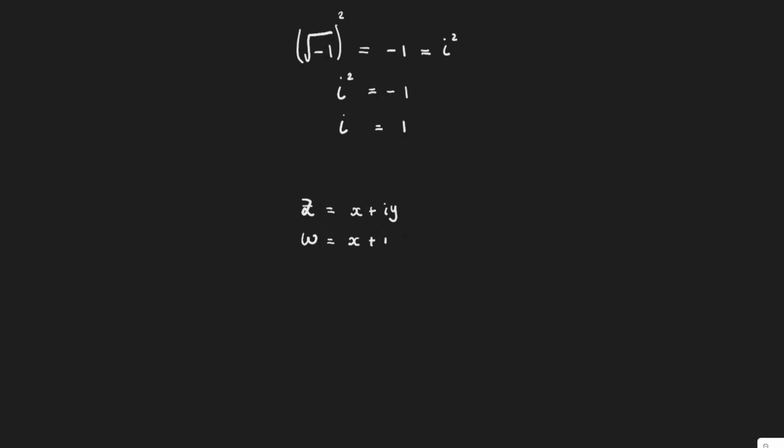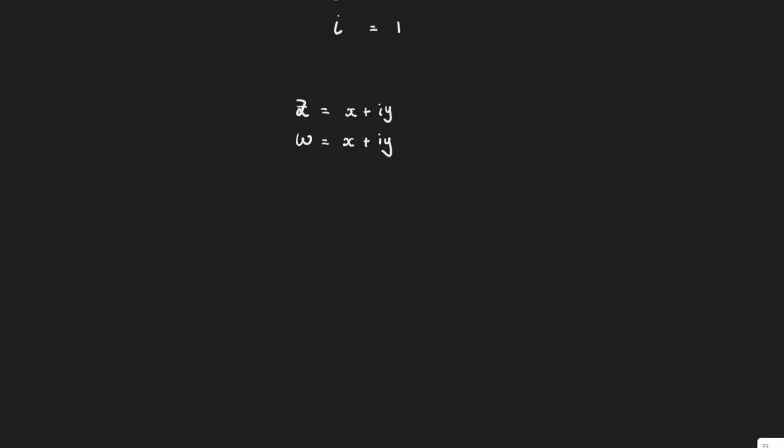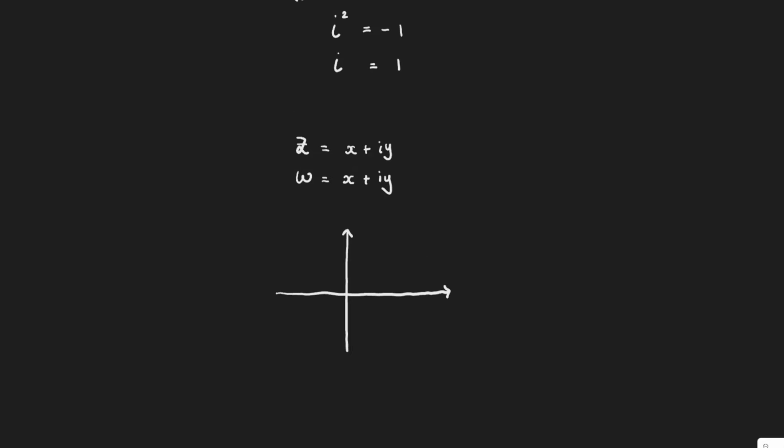If we consider a plane of axes, we can see that the imaginary component of this complex number is attached to y, and I'm just going to put a little bit of notation here which is good to learn. The Im of z is the imaginary part of the complex number, and the x is the real part of the complex number.